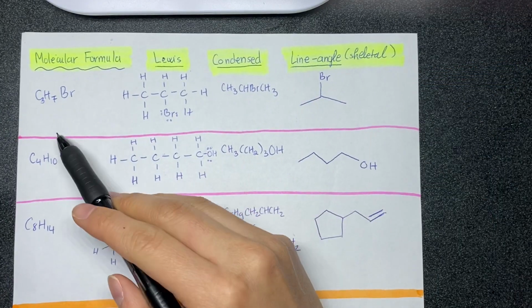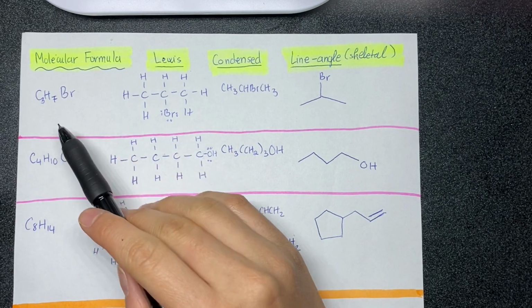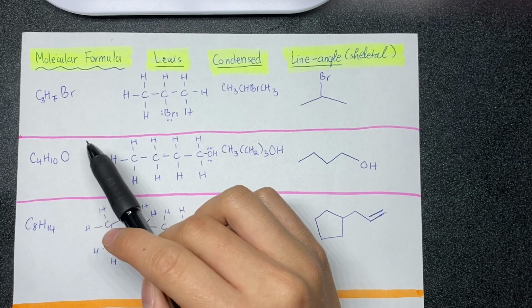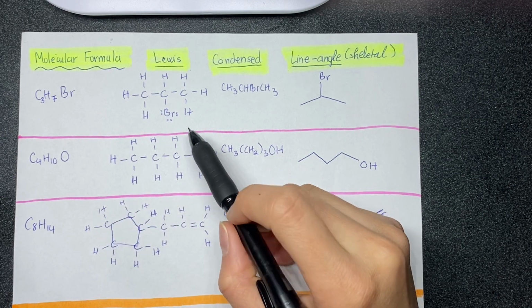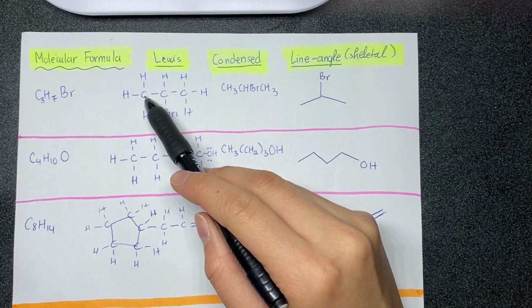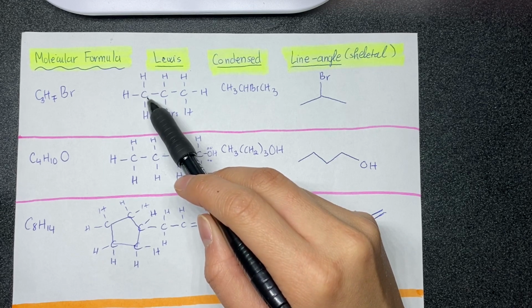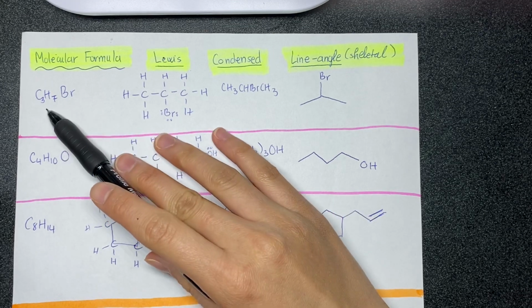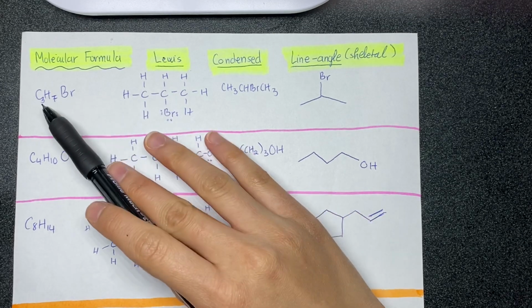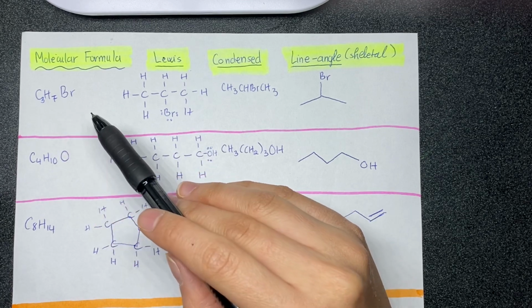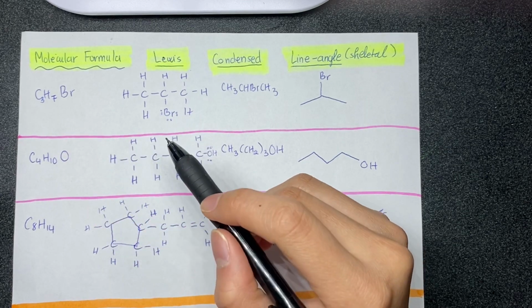So if you were to have C3H7Br and are asked to draw your Lewis structure, this is what it would look like. As you can see, you would have your carbon with your 3 hydrogens here for C3. First you have to count the number of carbons to make sure that your chain has the correct number of carbons.